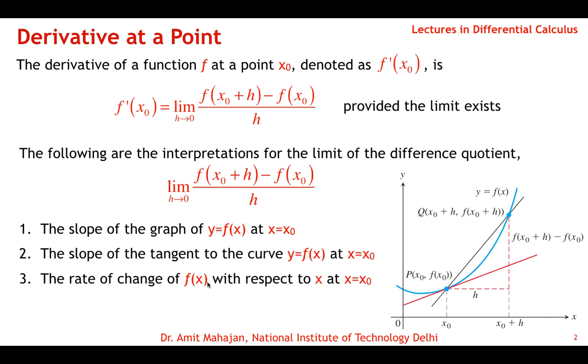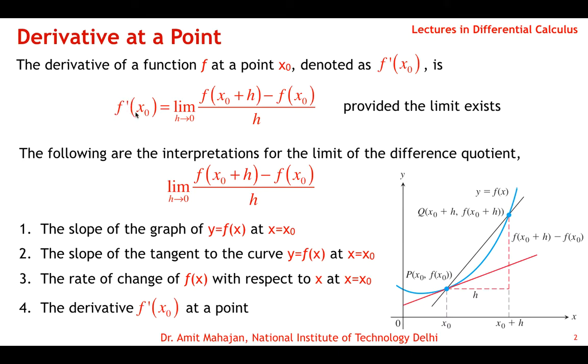Okay, and of course we are calling this the derivative of a function at the point p or at the point x naught. So these are all interpretations for the derivative at a point. Here I have used the notation of prime.